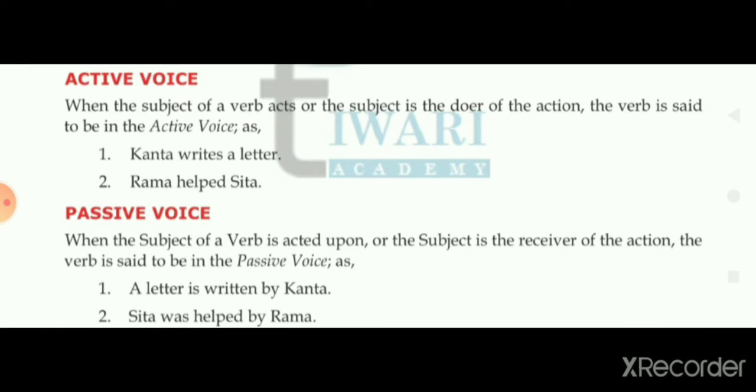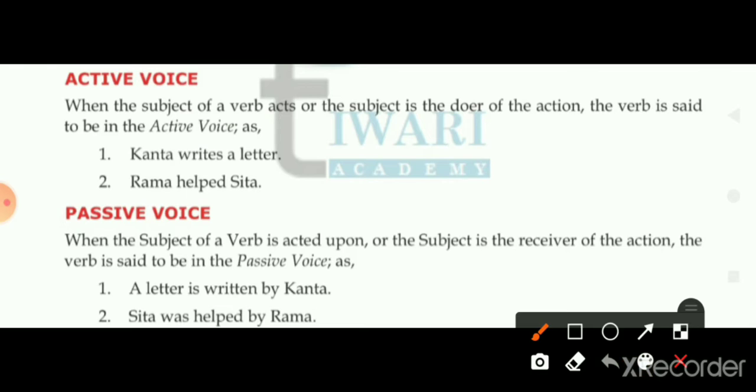Let's see it again: when the subject of a verb acts, the verb is said to be in active voice.